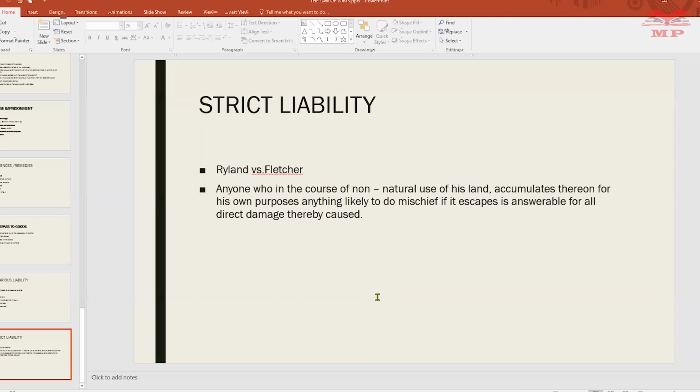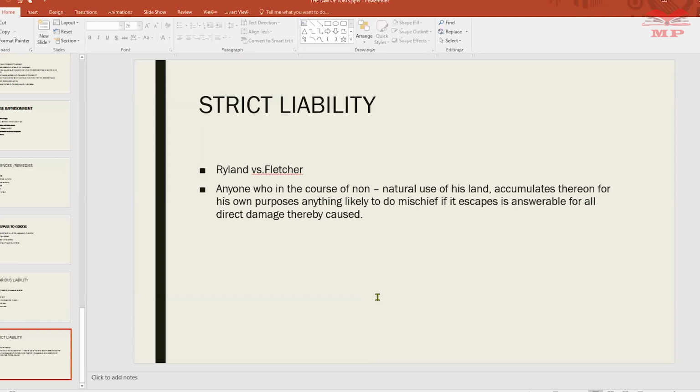So Lord Cranworth explains the rule behind the Rylands versus Fletcher case. If a person brings or accumulates on his land anything which, if it should escape, may cause damage to his neighbor, he does so at his own peril.